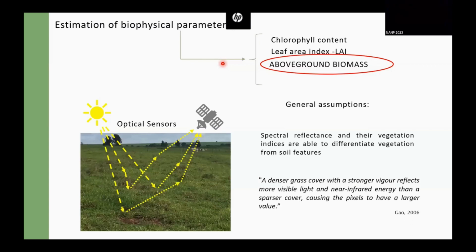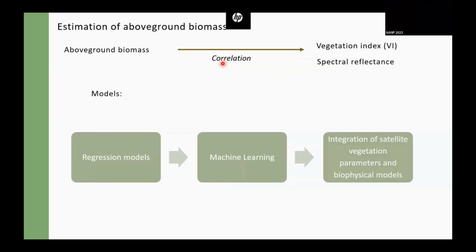And most important, my general assumption is that a denser grass, meaning the amount of forage that we have in the area, is related to the amount of visible light and near infrared energy that a pixel can capture.